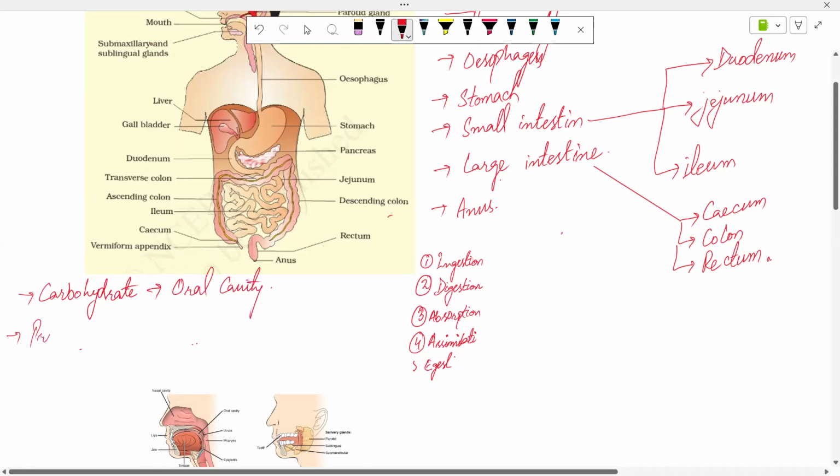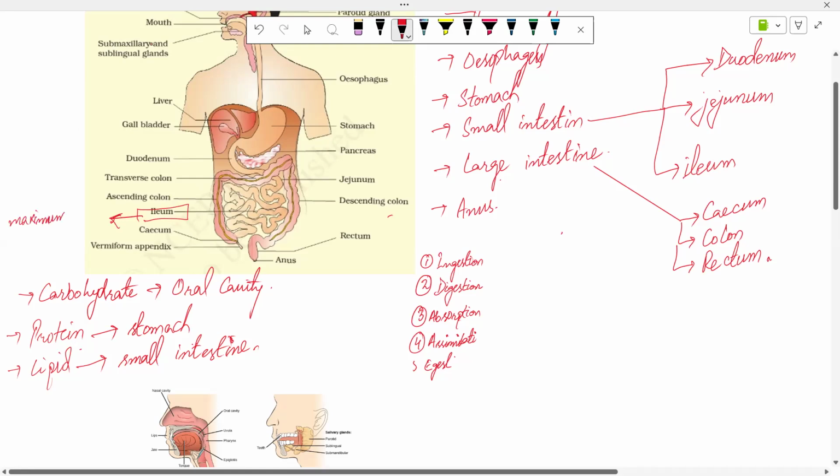The protein digestion starts at the stomach level, and lipid digestion starts at the small intestine level. For general information, every useful component is maximally absorbed at the level of the ileum.